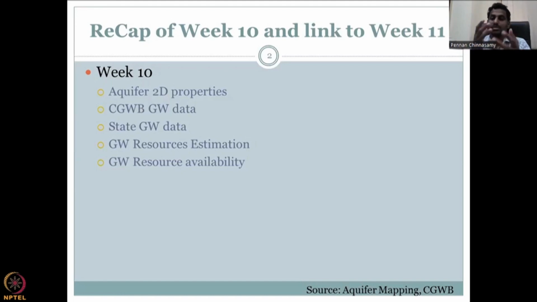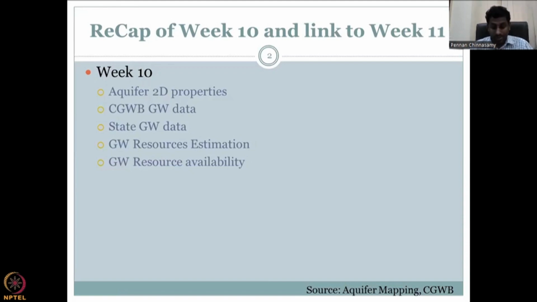You have to mix all these into a hydrological model, especially a groundwater model, to create a conceptual 3D model. We will look at that in week 12, a very short introduction of conceptual models. Then we looked at CGWB data to understand the groundwater level data, which they collect across India.